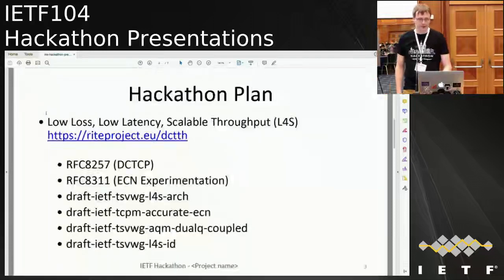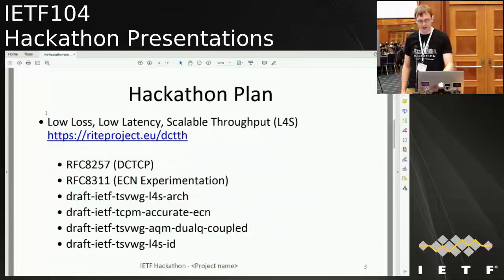So this has been an effort that started a couple of years ago in a European research project. And it basically started from DCTCP, which enables you to precisely control the sending rate, the congestion windows at your senders, such that you don't build up queues.